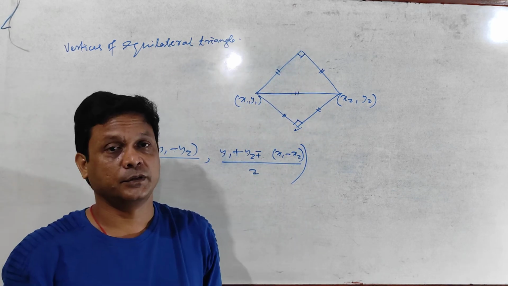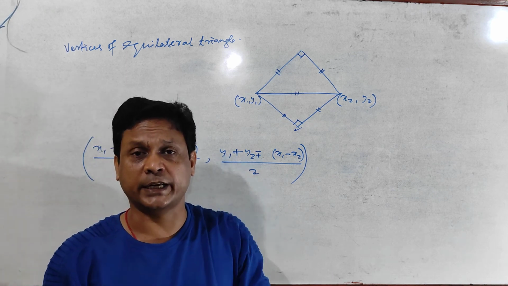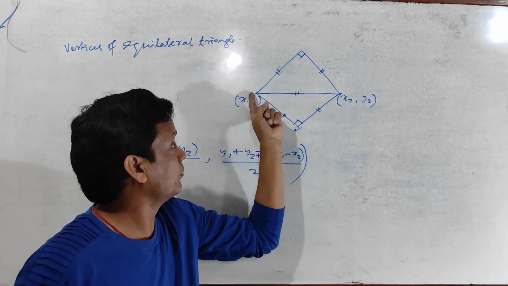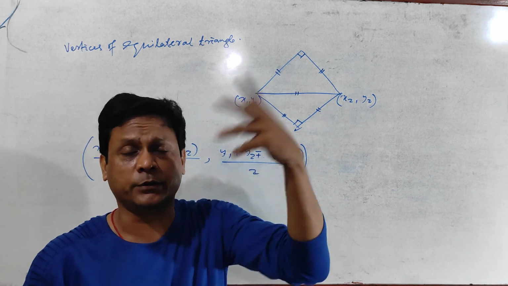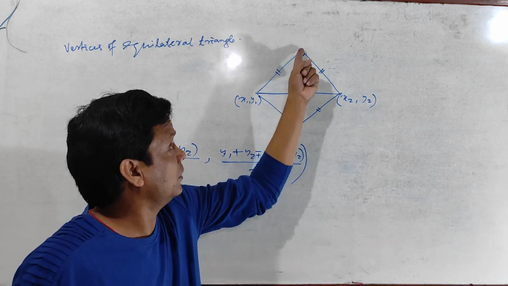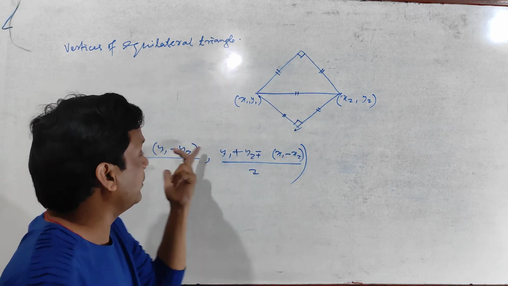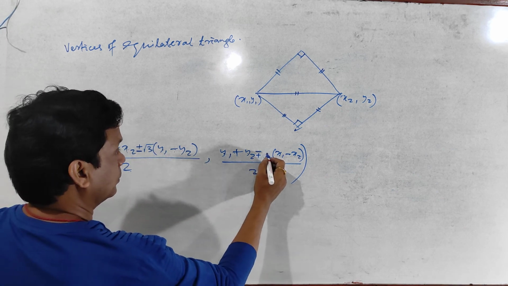See here, what is an equilateral triangle? An equilateral triangle is a triangle in which all three sides are the same. Two vertices are given, (x1, y1) and (x2, y2), and you have to find the coordinate of the third vertex. The third vertex will be on the upward side or the downward side. The same procedure, simply multiply by root 3 here and root 3 here.